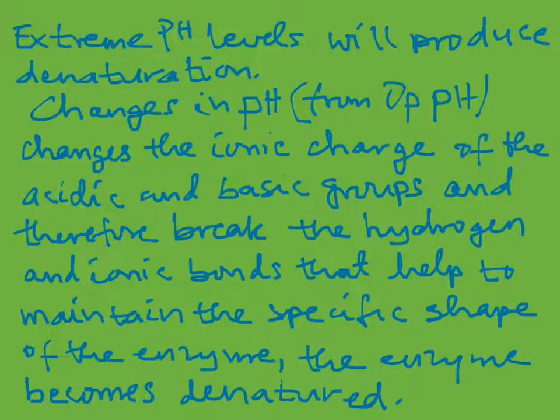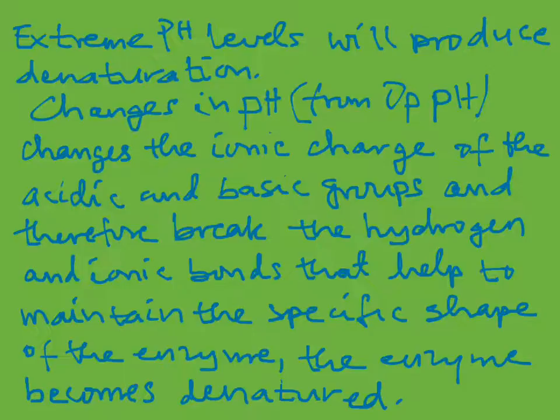So what happens precisely is that when you get to extreme pH levels, that is more acidic and more basic, it means that you have gone beyond the optimum pH at which the enzyme acts best.